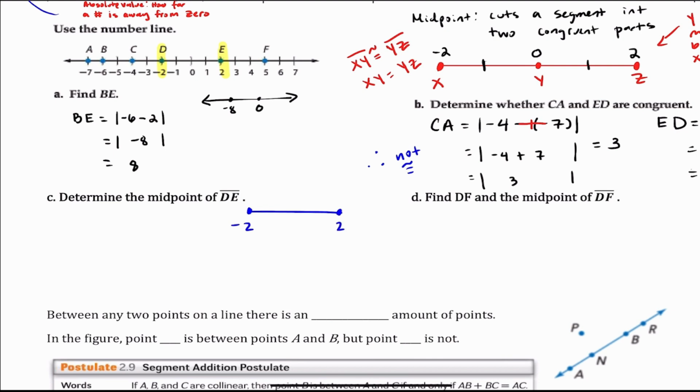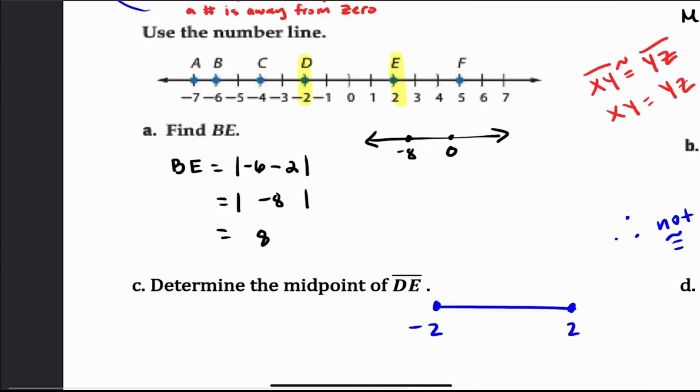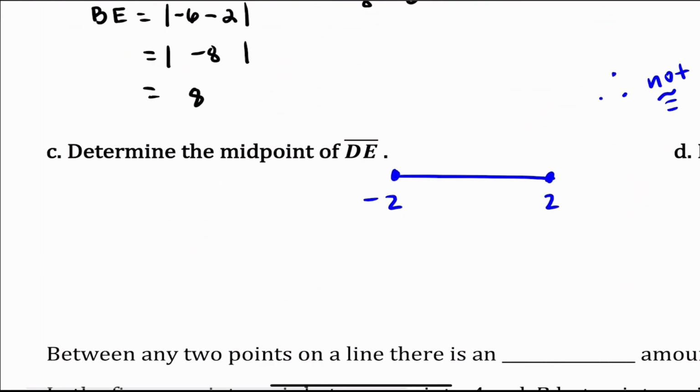So what's the midpoint of segment DE? Wait a minute, didn't we just do that earlier? Yeah, we did. So it's essentially just -2 plus 2 all over 2, which is just 0 over 2 equals 0, right? That's the midpoint of segment DE.